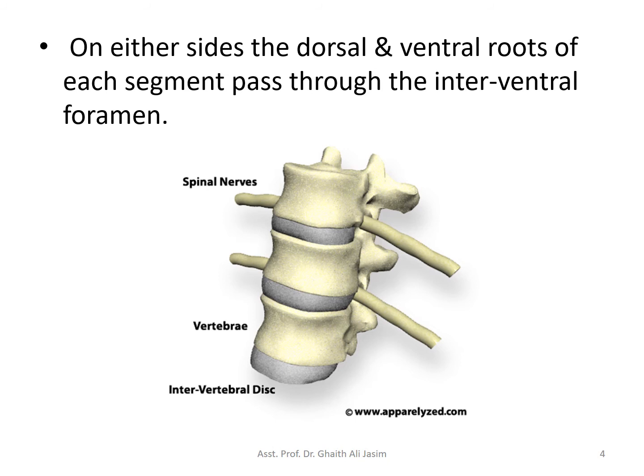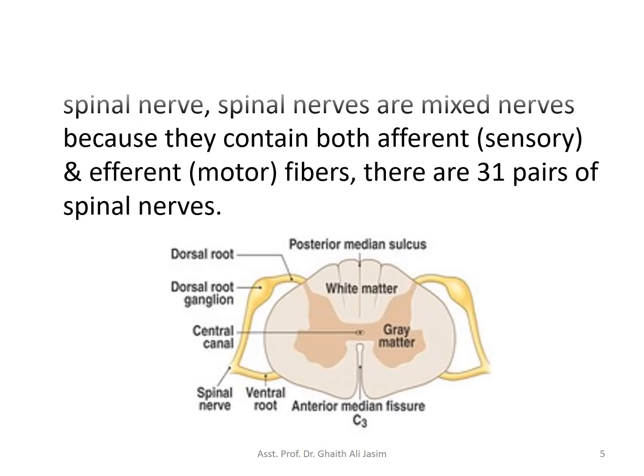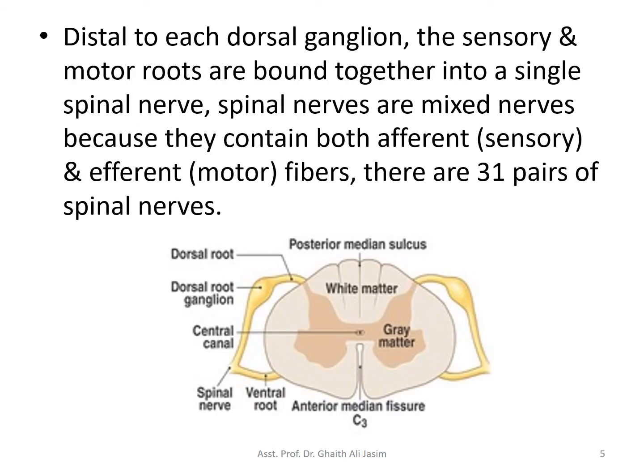These are the spinal nerves. Distal to each dorsal ganglion, the sensory and motor roots are brought together into a single spinal nerve. Spinal nerves are mixed nerves because they contain both afferent sensory and efferent motor fibers.